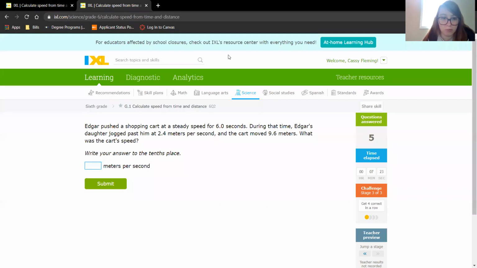So this problem says Edgar pushed a shopping cart at a steady speed for 6 seconds. During that time, Edgar's daughter jogged past him at 2.4 meters per second, and the cart moved 9.6 meters. What was the cart's speed? So speed is always distance divided by time.